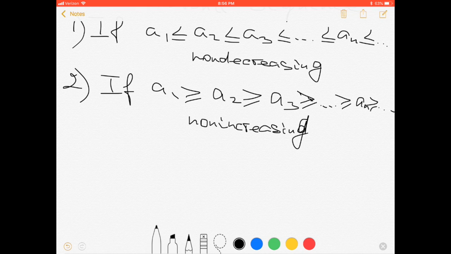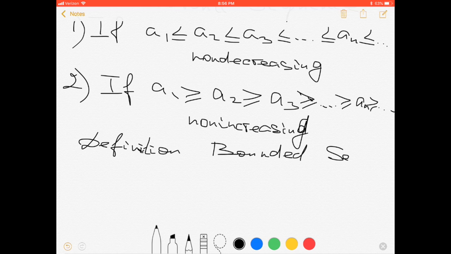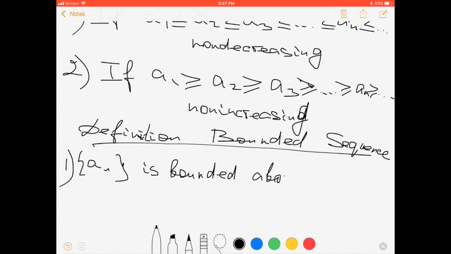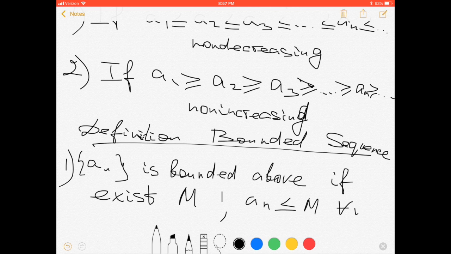One more definition, the definition of a bounded sequence. Our sequence a_n, first definition, is bounded above if there exists a real number M such that a_n is less than or equal to M for any n.